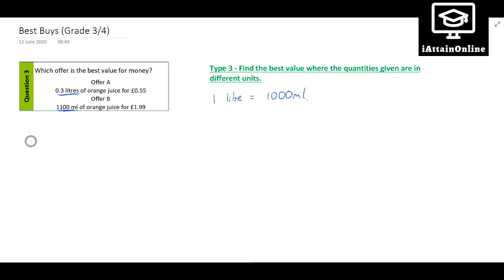So again, I'm just going to start by writing out offer A. You get 0.3 litres for 55 pence, and over here offer B, you get 1,100 millilitres for £1.99.